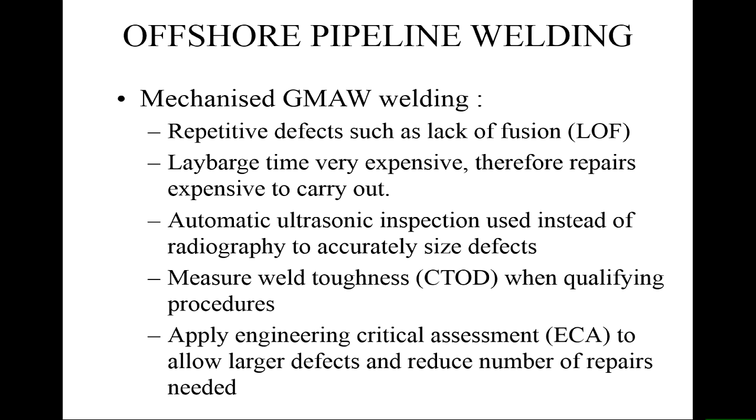We have repetitive defects such as lack of fusion, which you want to avoid, because lay barge time is very, very expensive. I did hear somebody tell me that the lay barge they were using was £2 million a month. Now I don't know how much that included, whether that was everything. But it's a lot of money, so you want to make the best use of it.